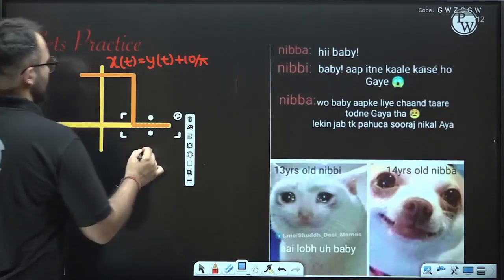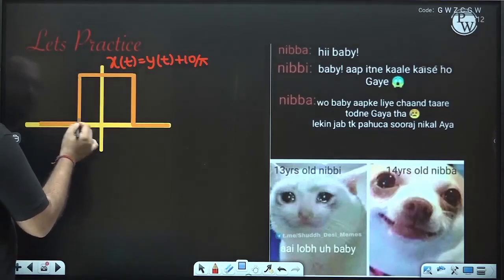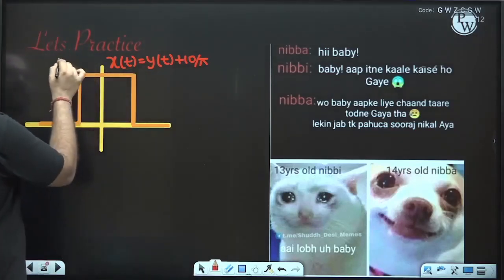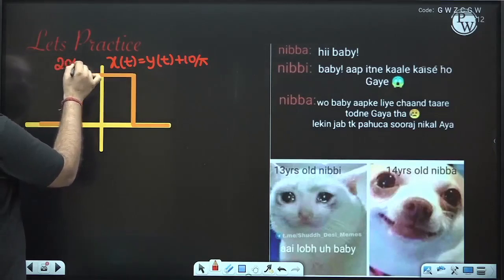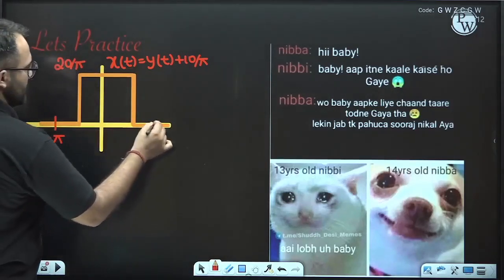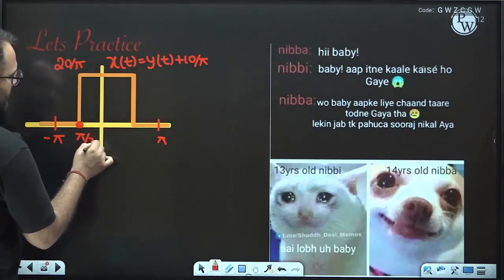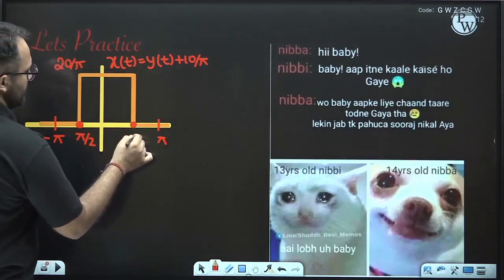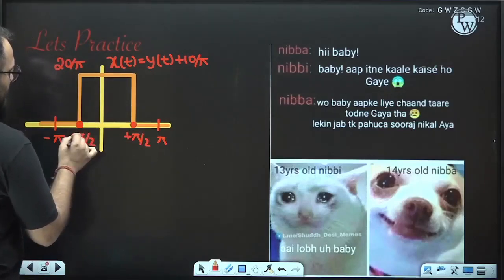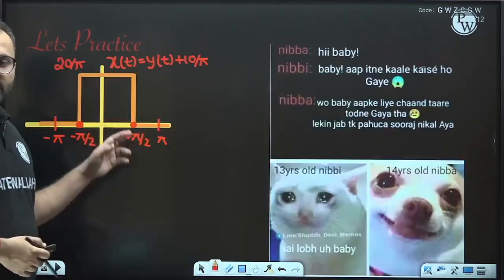Over a period the signal looks like this: the height is 20 upon pi, with markings at minus pi, pi, and pi by 2. So this is your xt.